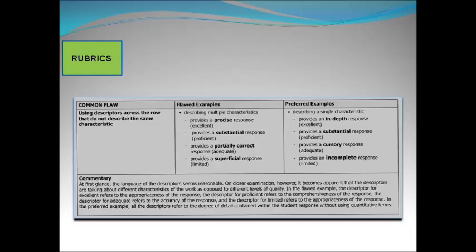So in the flawed example, the descriptor for excellent refers to appropriateness of the response, the descriptor for proficient refers to comprehensiveness of response, and the descriptor for adequate refers to accuracy. These are all slightly different elements. So just be careful about how you're articulating your own scalar words. That's why, earlier in this presentation, I was saying the charts I've embedded in this PowerPoint can be of some value to get you thinking about being consistent across the different levels of achievement.